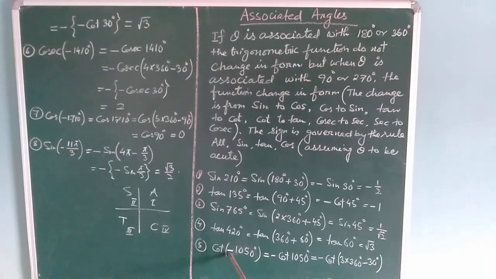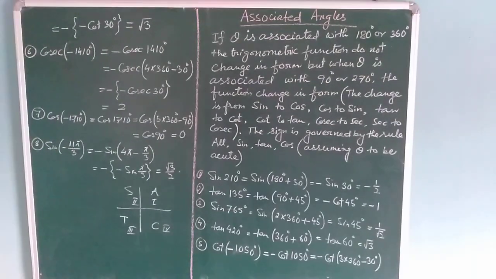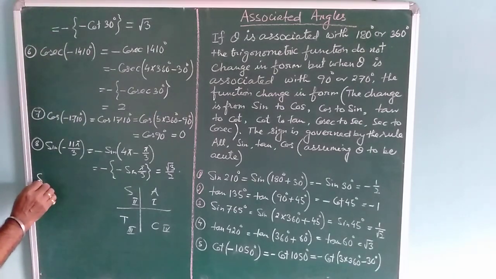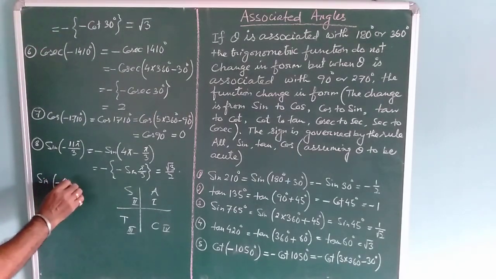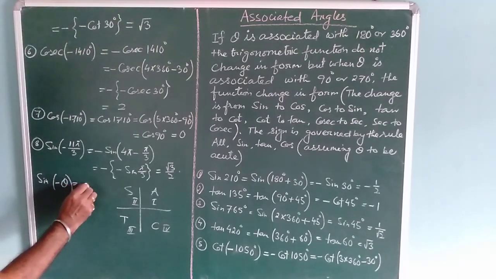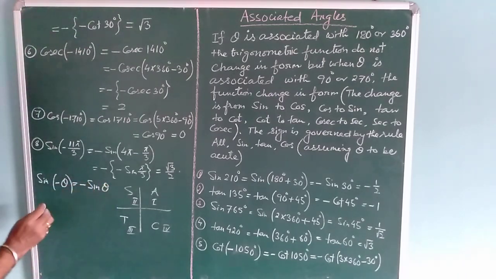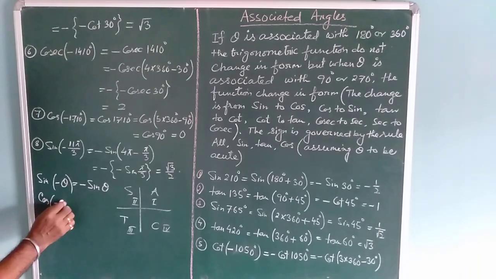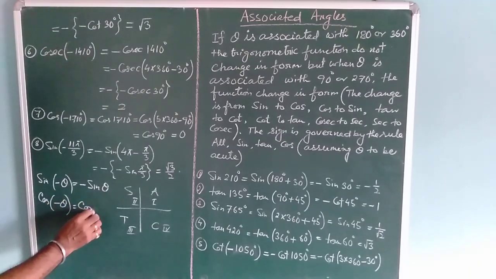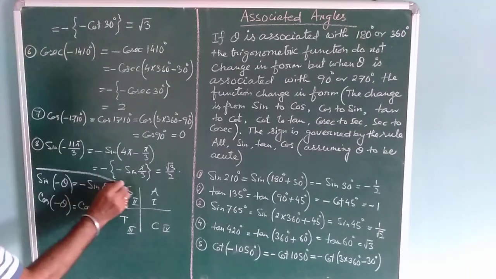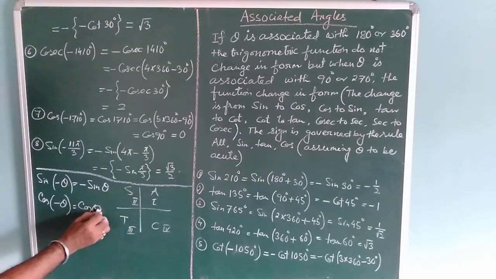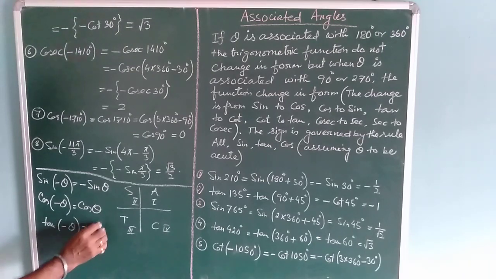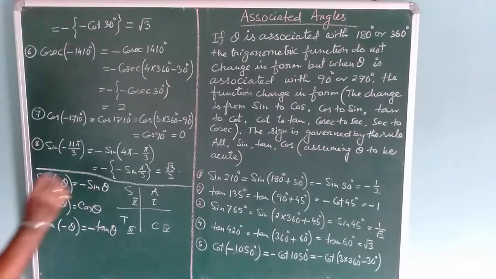Again cot of minus 1050. You see, we have discussed that sine of minus theta is minus sine theta, cos of minus theta is cos theta, tan of minus theta is minus tan theta.